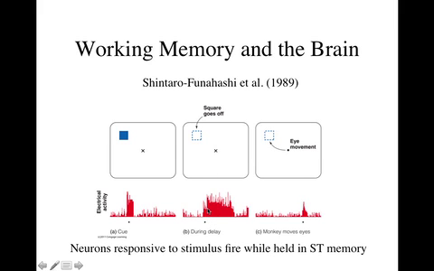That suggests that these neurons are really coming online specifically when the memory of that information is required. So the neuron's response to the stimulus will fire here while the information is being held in short-term memory.